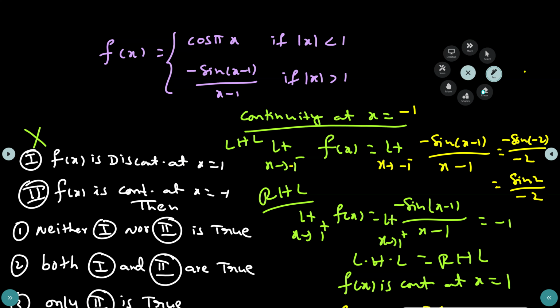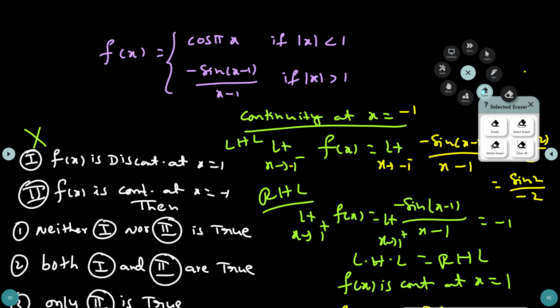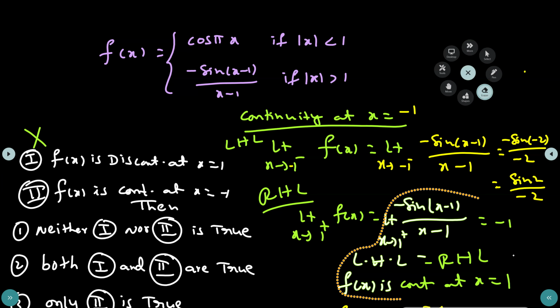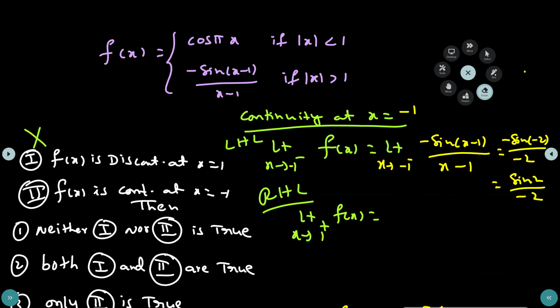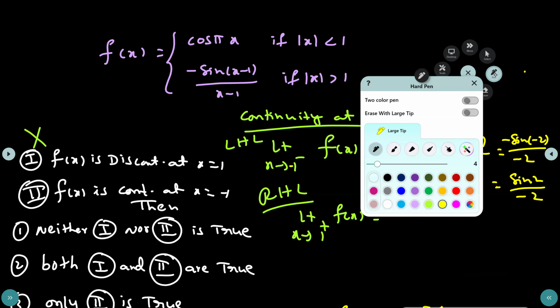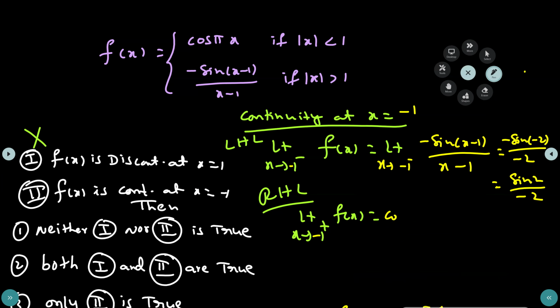Now if you go for the RHL, limit x tends to minus 1 plus, for this f of x is cos pi x. Clearly you can observe from the conditions, cos pi x at x equal to minus 1 gives cos of minus pi, which is cos pi, which gives minus 1.